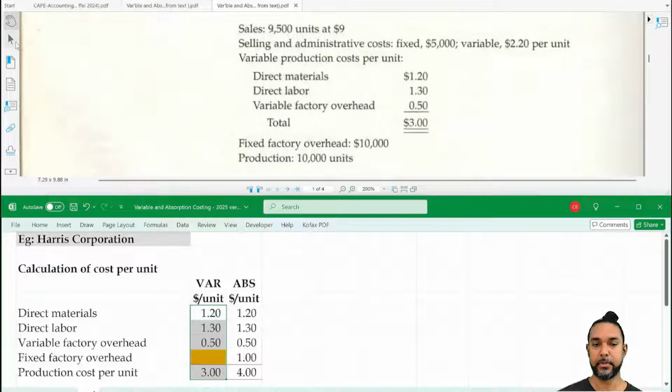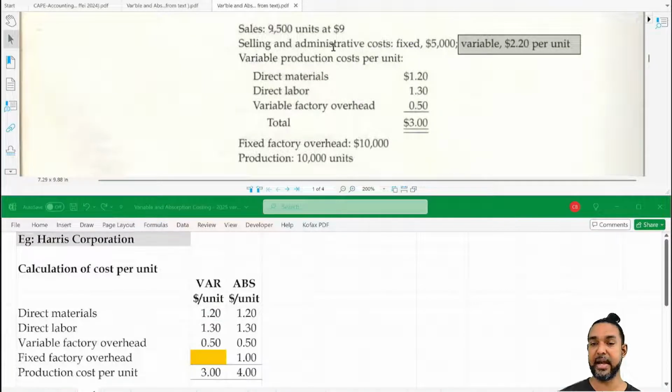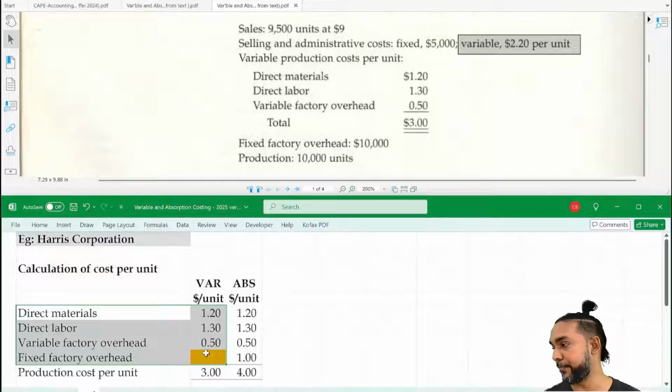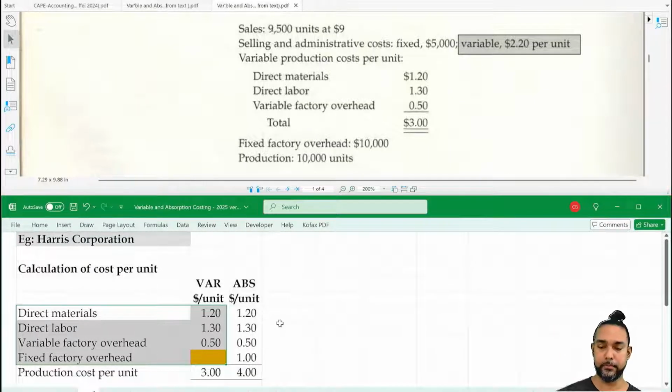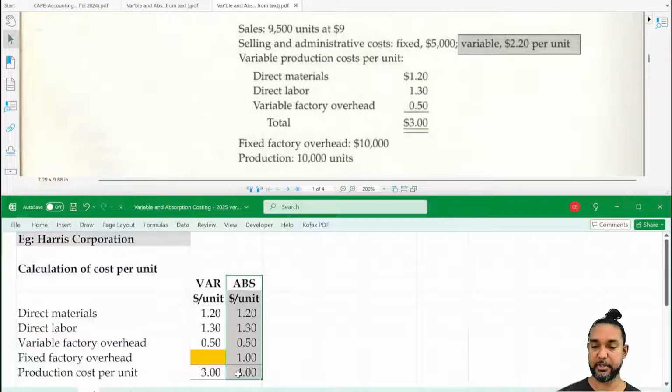We took the variable costs per unit from this section and added those up. Please notice variable production costs. We do have variable selling and admin, but those aren't attached to our units of output for the purpose of costing. Then under absorption costing, the traditional or full costing, we attach both the variable and the fixed costs to units of output to cost them. That's basically what we did so far, so you didn't miss too much.